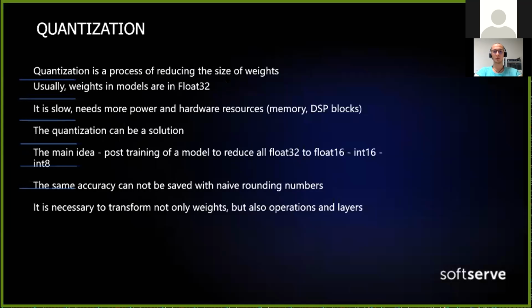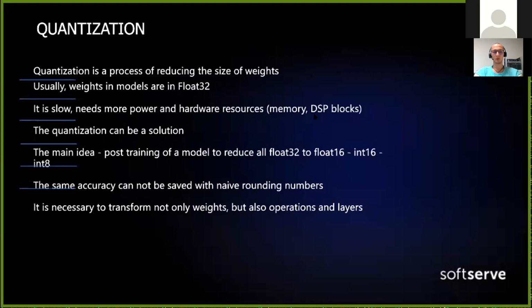So let's try to reduce our float 32 to int 8 or int 16 or float 16, because we need a lot of power and a lot of memory to save float 32 numbers and layers.